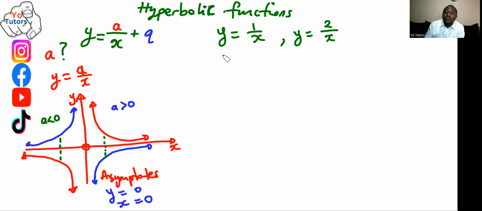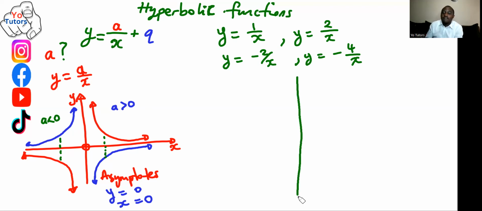And let's also look at the negative part, where y equals negative 2 over x, and y equals negative 4 over x. I want to see what happens if we increase A, and also if it's negative. At least now we know the actual shape of the graph. Now let's see what we'll have here.